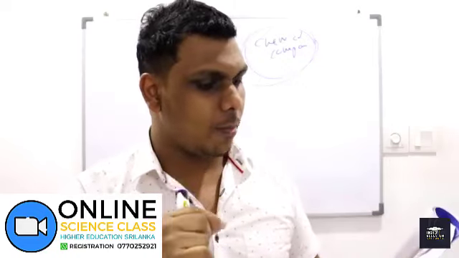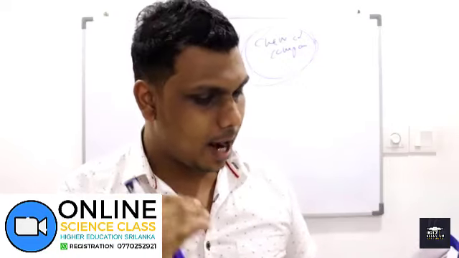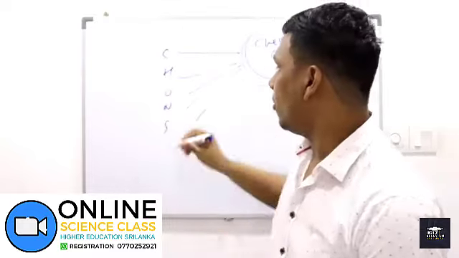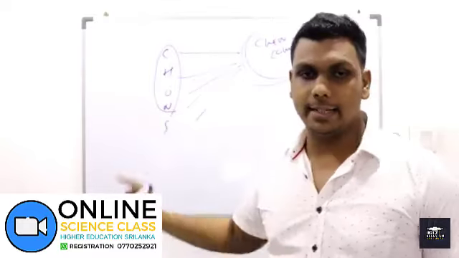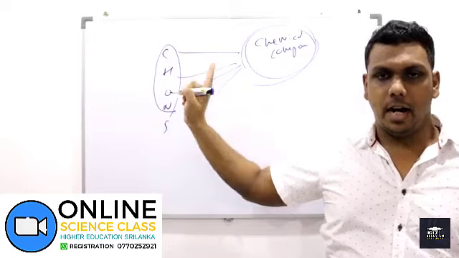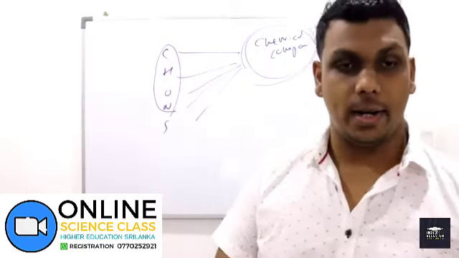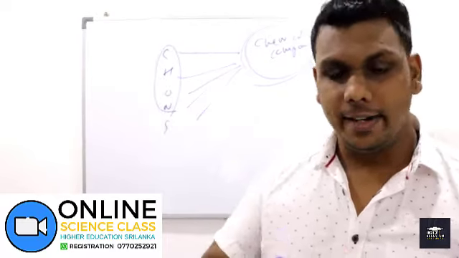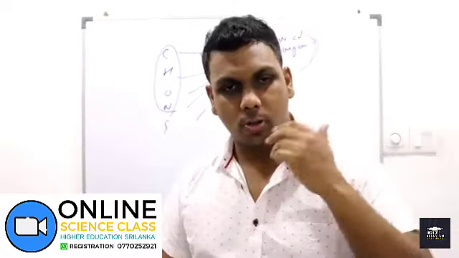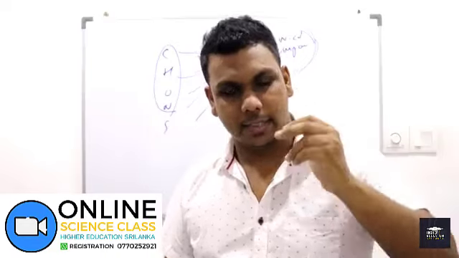The most common 4 elements in the living body are carbon, hydrogen, oxygen and nitrogen. These 4. Carbon, hydrogen, oxygen, nitrogen. Those 4 are the most common elements in our living body.